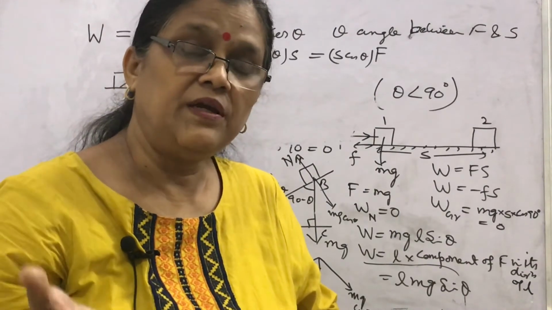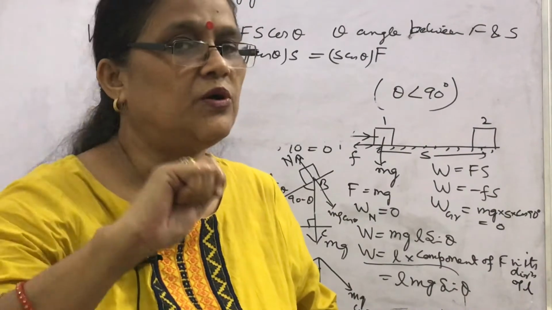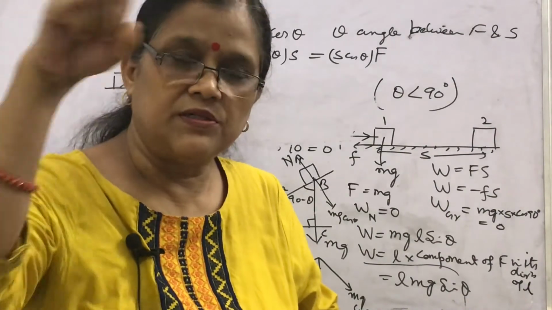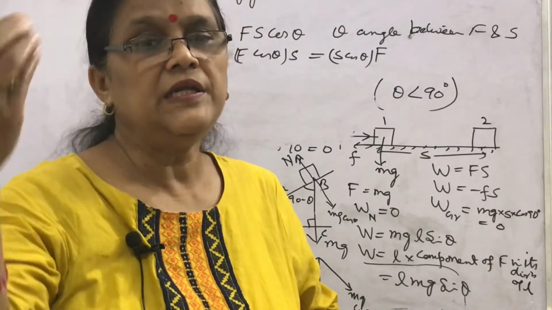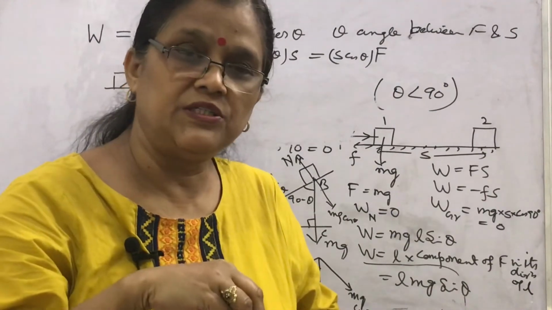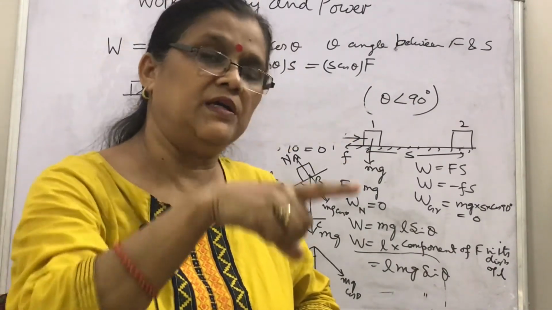They are said to be conservative forces. That is, the work done by these forces does not depend on path. It depends only on the initial and final position, and the work done for a circular loop is 0.